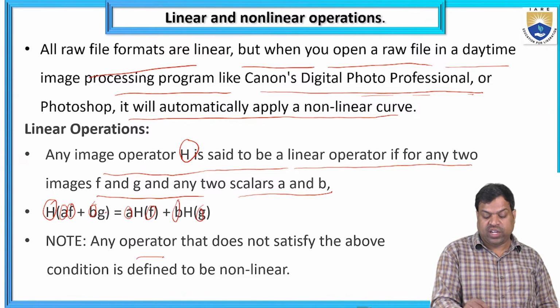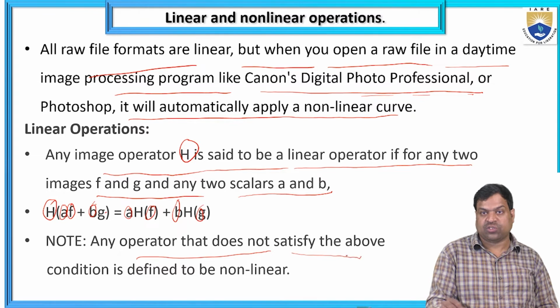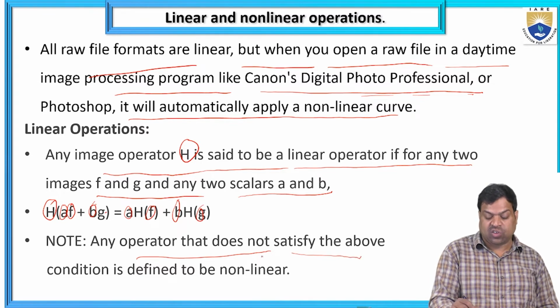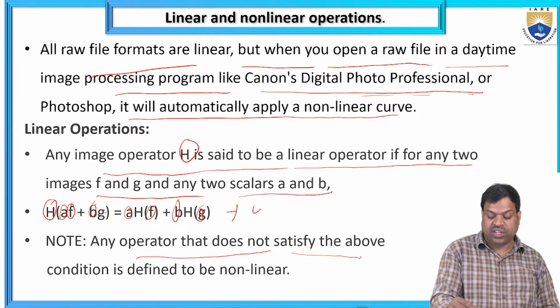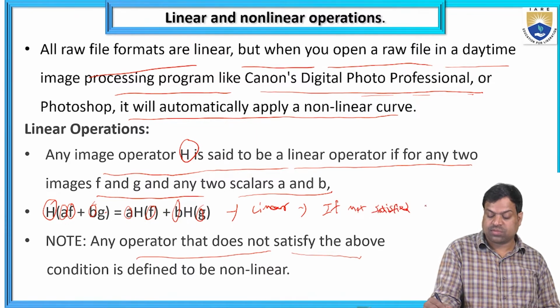Any operator that does not satisfy this condition is defined as non-linear. If it satisfies it, it is linear; if not, it is called non-linear.